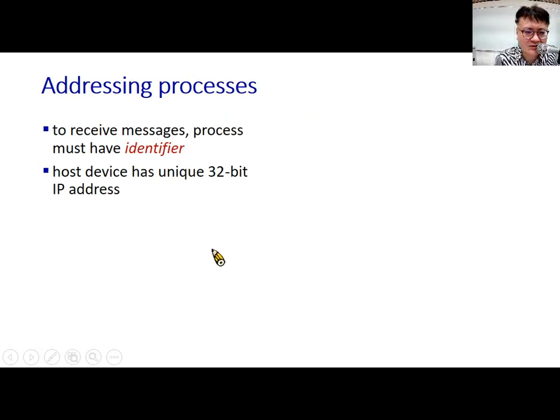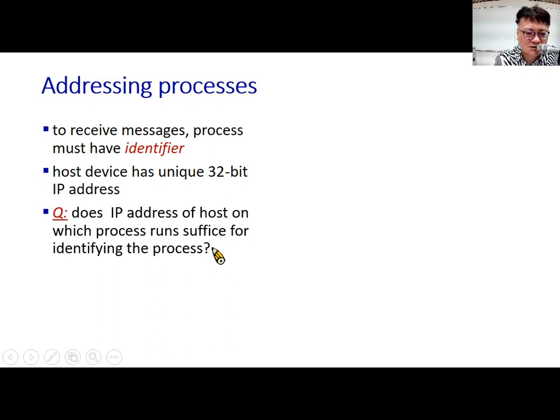So we need addressing for the process. To receive messages, a process must have an identifier. A host device has a unique 32-bit IP address. But is the IP address of the host on which the process runs sufficient for identifying the process?